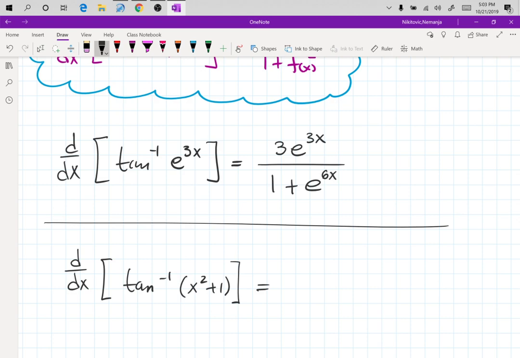And hopefully it will be the same deal. 1 plus, we have x squared plus 1, and that needs to be squared, and then the derivative of x squared plus 1 is 2x goes up.